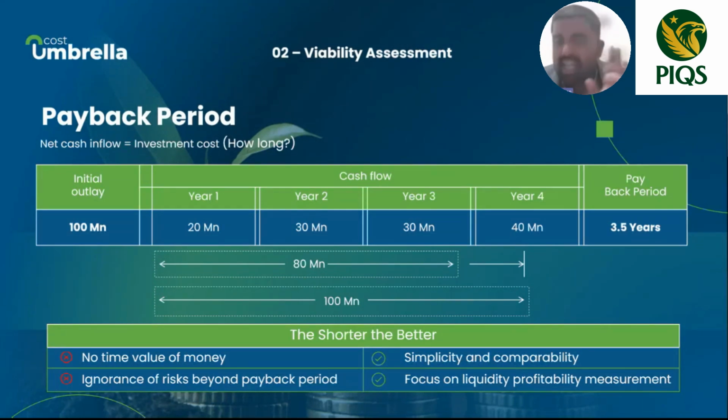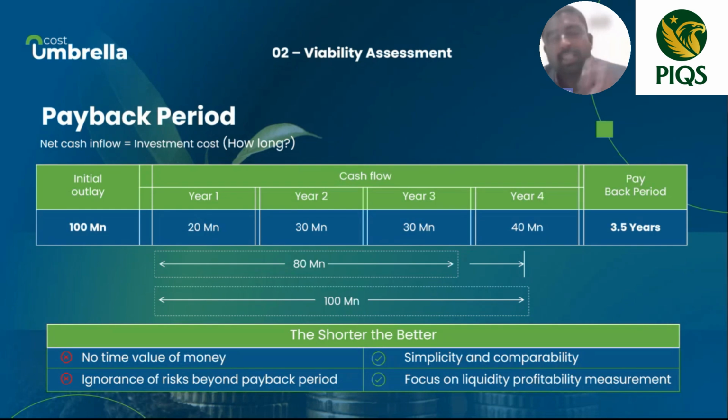So these are very straightforward calculations. Still, some companies are using it, but I'm against this topic, because the purpose of business is not just getting the return back, right? The purpose of business is getting a high return till the end of the project, right?